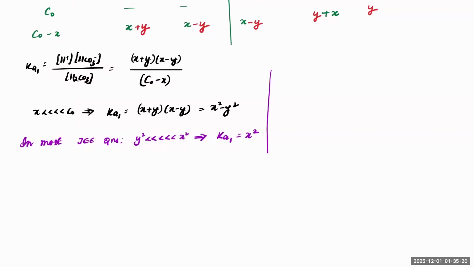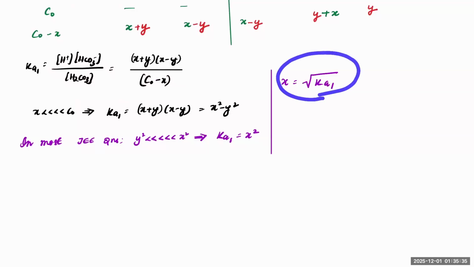So from here, we know that X concentration is equal to under root of Ka1. Okay, so you will hardly find the concentration of X depending on Y. So Y is ignorable here.